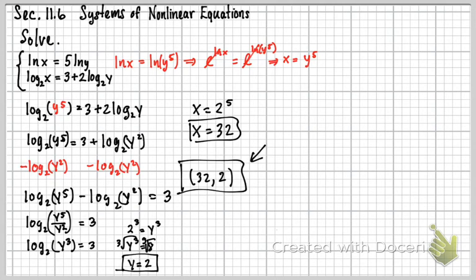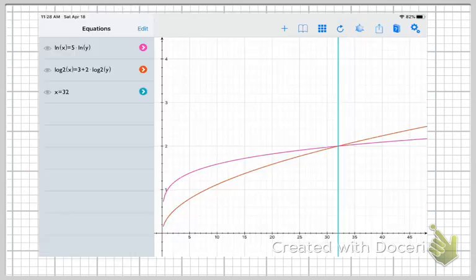Now I want you to take a look at the graph of these. Again, this isn't necessary, but I want you to see these two equations together, because graphing these on your calculator won't work, and a lot of systems won't graph these because I don't have an x equals or a y equals function. So here they are. This pink one is ln of x equals 5 ln of y, and the other one runs in the same direction.